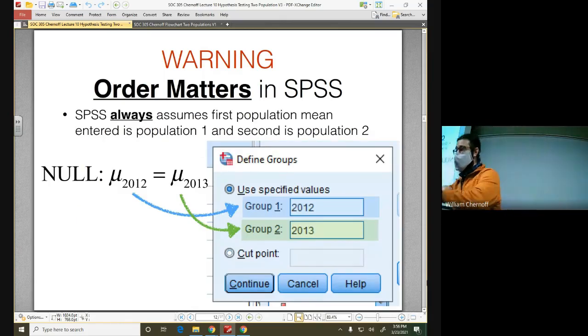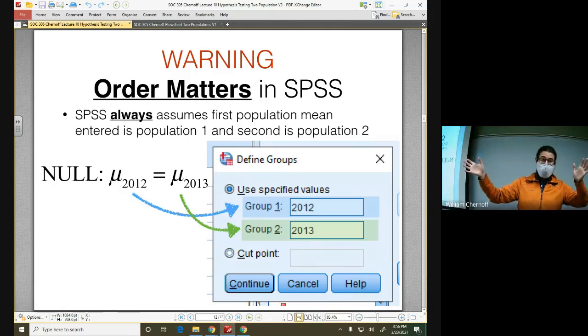When you use the statistical routine, SPSS is going to give you a box. You need to specify what population 1 is. Here they call it group 1. And you need to specify what population 2 is, or group 2. And this is going to depend on the order of your null hypothesis.